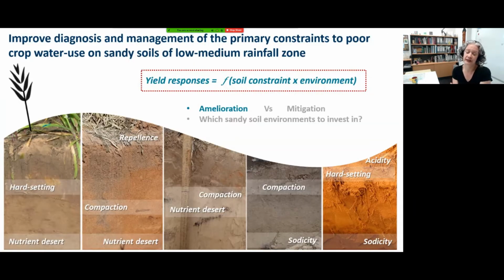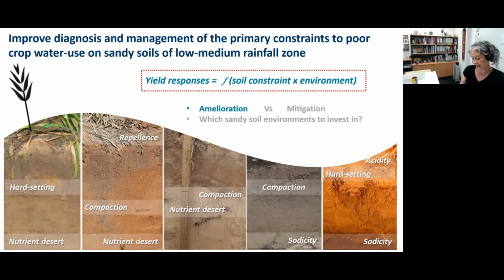So the project is looking to improve both the diagnosis and the management of primary constraints to poor crop water use in sandy soils across the low to medium rainfall zone. The project came about because there was a lot of discussion around the unused water at harvest in sandy soil systems, and how we could get better use of that water to flow through to yield gains.